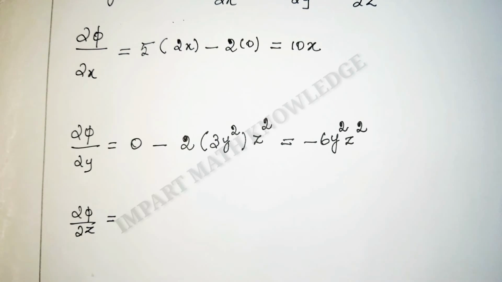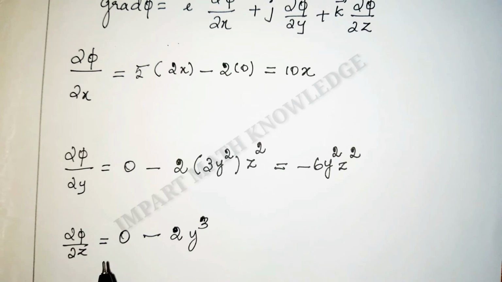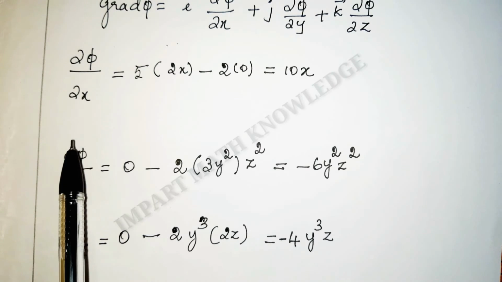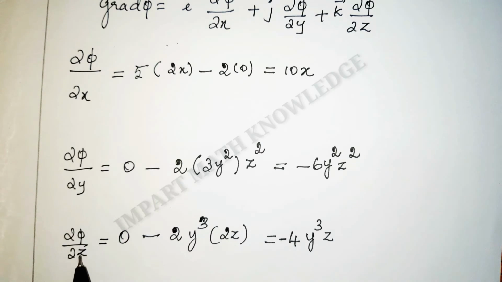Next we have to differentiate with respect to z. Other than z term, we treat it as a constant term and we know that derivative of the constant term is 0. First term is x term, so 0 minus 2 into y cube. Derivative of z square is 2z. So the value is minus 4y cube z. Now substitute dou phi by dou x, dou phi by dou y and dou phi by dou z in grad phi.